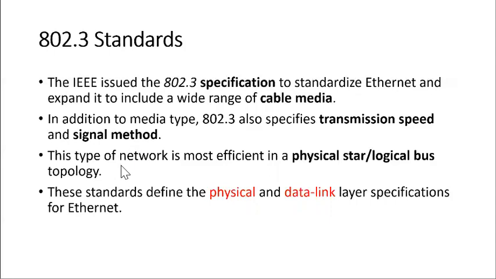This type of network is most efficient in physical star or logical bus topology, so mostly it is implemented in those topologies. This standard defines the physical and data link layer specification for Ethernet. So it is more focused on the lower two layers, that is physical and data link layer: how the signal should be transmitted, which cable or media should be implemented, and how the media has to be accessed.